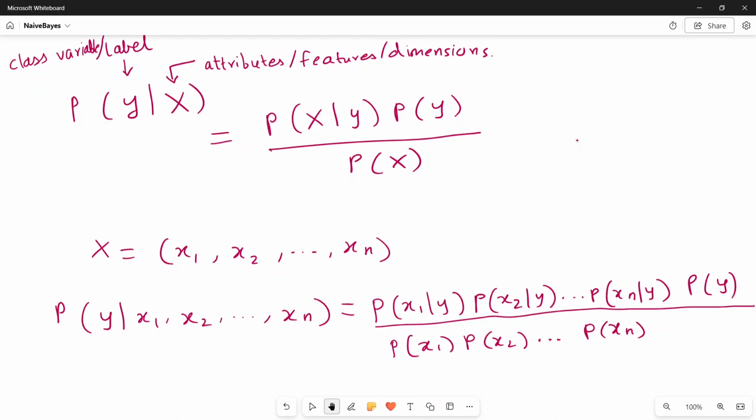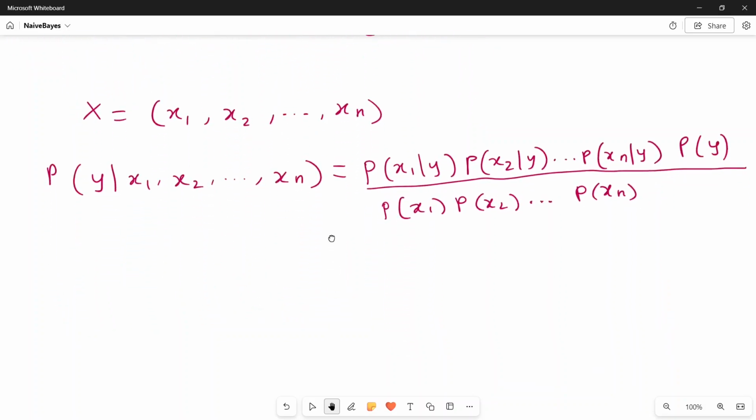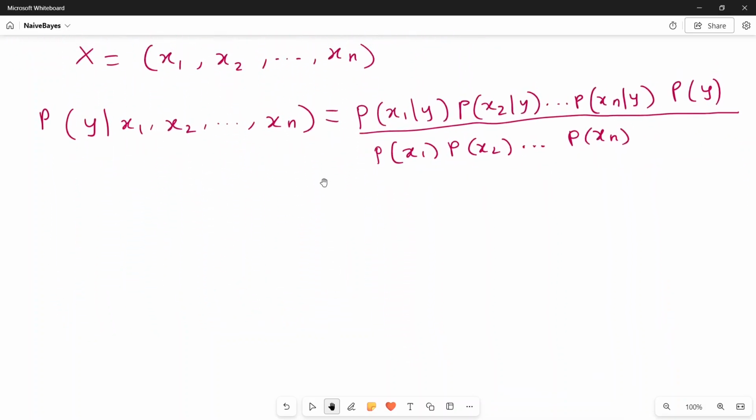This is with the assumption that all the features are completely independent, and there is a second factor, that they are identically distributed. They have an identical effect on the outcome or on the class label. So these are the two naive assumptions of the naive Bayes classifier.